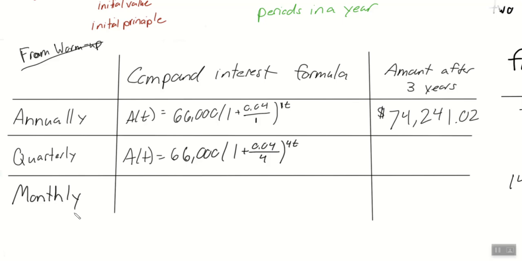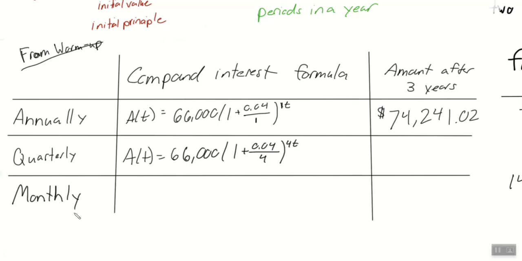Four times 3. Okay, yeah, that's your exponent. That means you put in 4t. Look at this one. So 1 plus... So there should be an amount after 3 years, so 3 years.